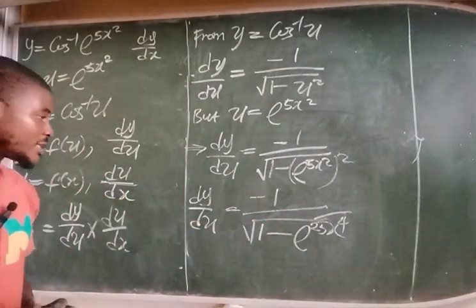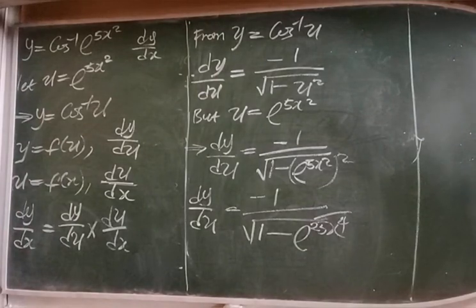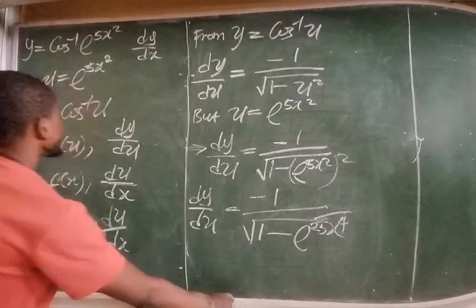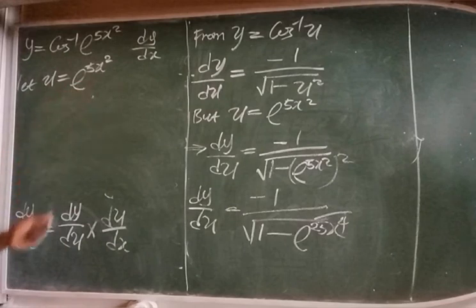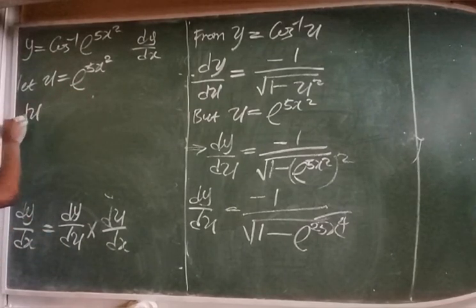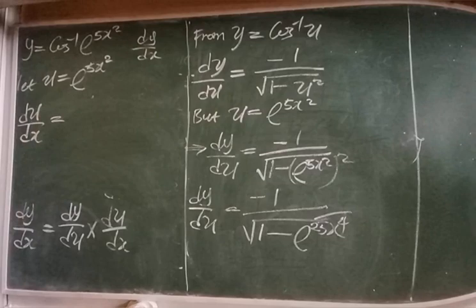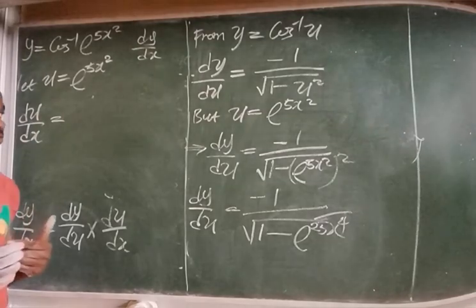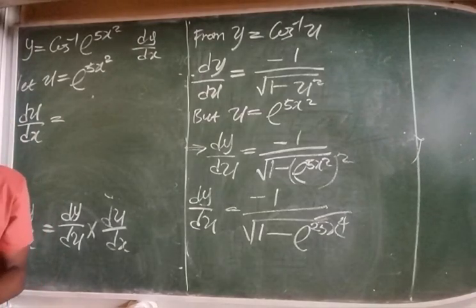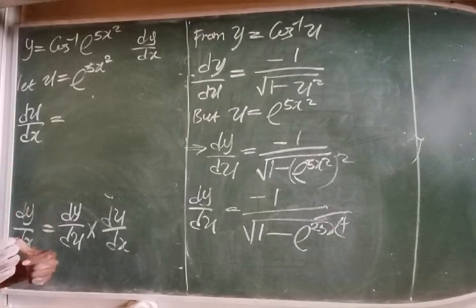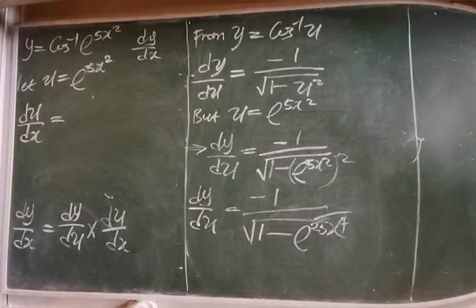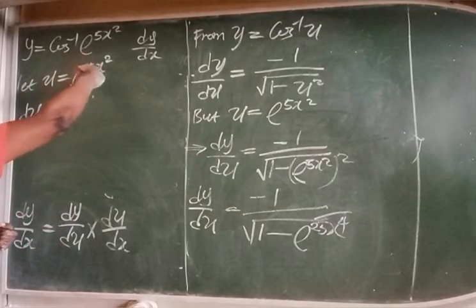Alright, so having obtained dy du, next is to find du dx from the formula. So from u equals exponential 5x squared, differentiating u with respect to x. Also, please look up the shortcut approach on differentiation of exponential function from my channel, please look up my shortcut methods to differentiation. You're going to properly understand how to differentiate exponential function. To differentiate an exponential function from shortcut, I said you'd first of all differentiate the power.